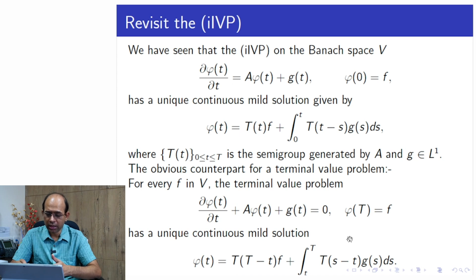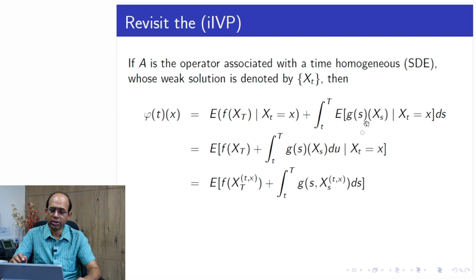So this we can write down as expectation of g of s comma xs given xt is equal to small x, correct?